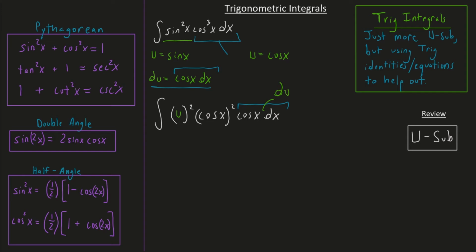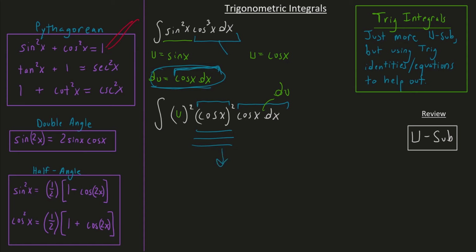Alright, so we got u, we got du, but we still have this extra cosine squared term happening. Well, we need to turn this into u somehow. We need to turn this into sines. If I remember this identity right here, I can use this to turn the cosine squared into a sine.